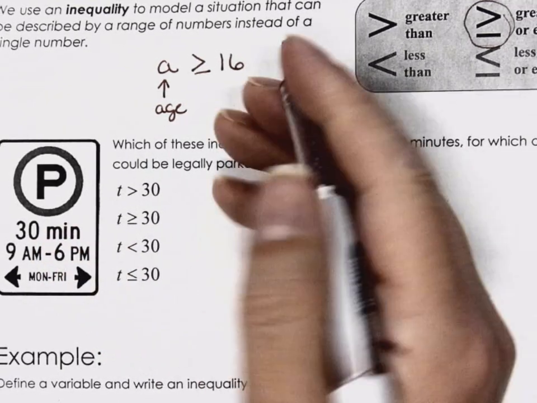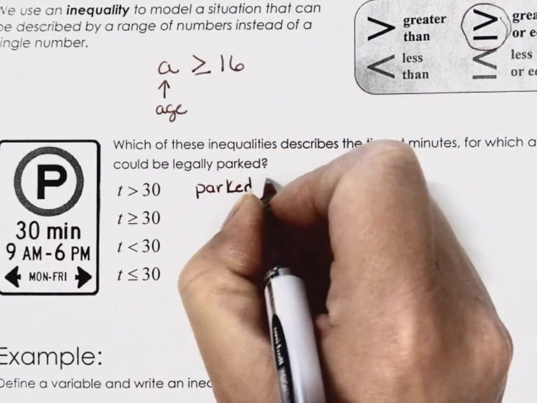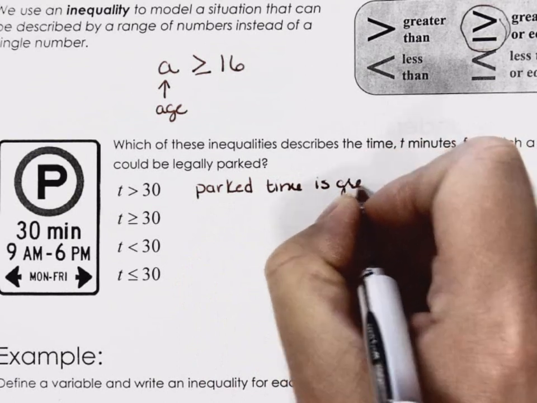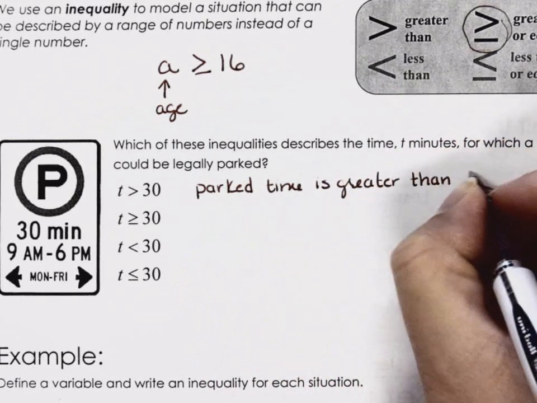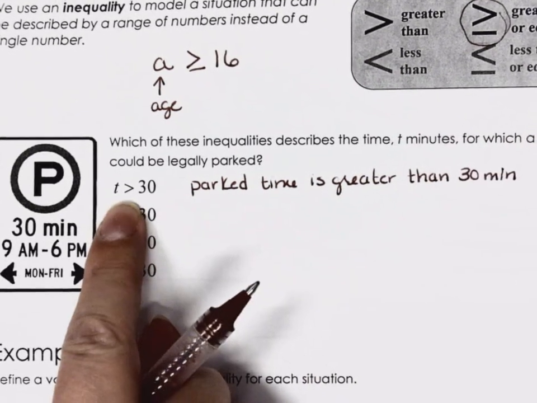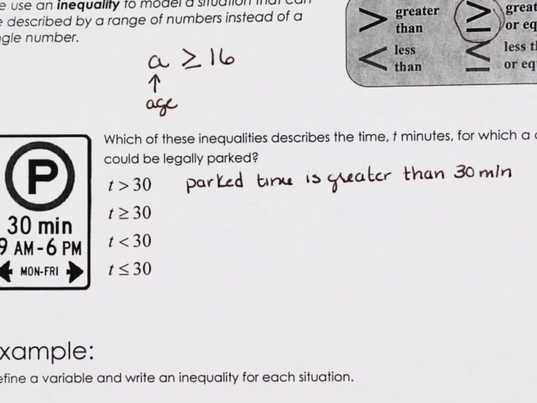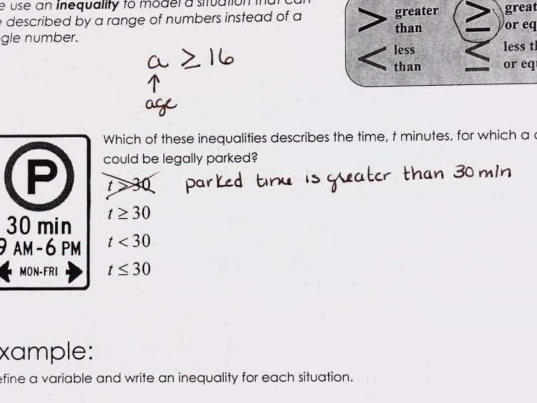So this one says our park time is greater than 30 minutes. You guys told me if I parked for 35 minutes, I'm going to get a ticket. So that one is bad.